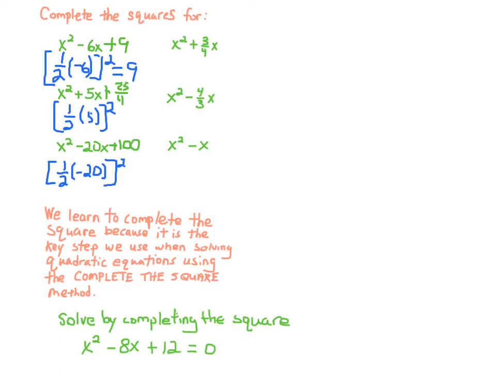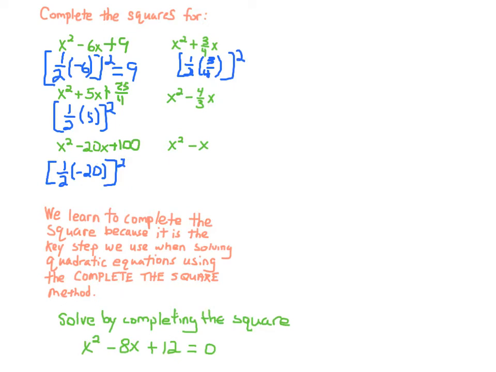And then the next one, let's look up here. We'll have x squared plus 3/4 x. It's a little trickier now. I'm going to take 1/2 times, let's just use parentheses here, stay consistent, half of 3/4 and square it.